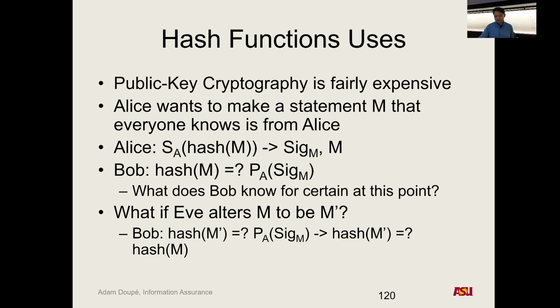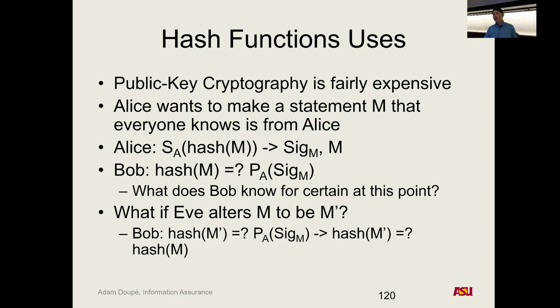So Bob calculates the hash of the message M with the same algorithm as Alice, and then compares it by using the public key of Alice against the signature. What does that mean?